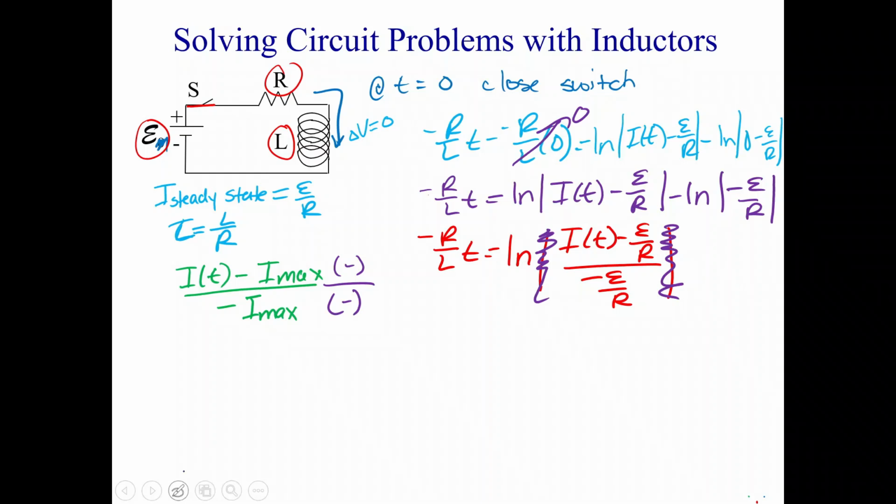So then the big issue is that we have the I of t still trapped in that natural log, so we take the exponential on both sides to undo the natural log.